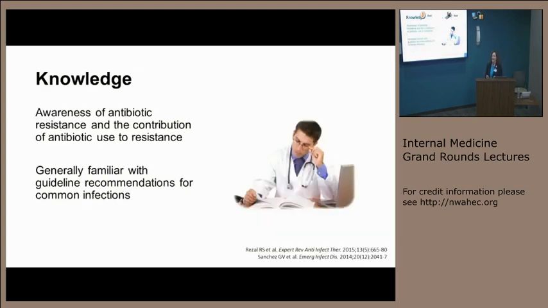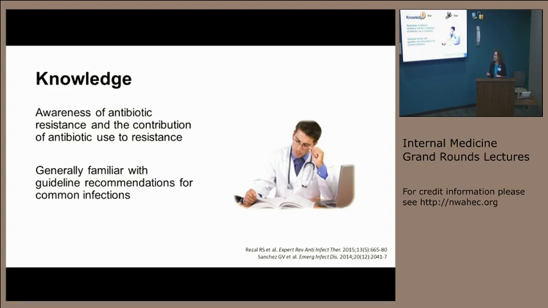Okay, so knowledge. I think knowledge is kind of the elephant in the room in terms of clinician factors. So it makes sense to us to think that if we could only make sure everyone knows the guidelines and everyone knows the right thing to do, then the problem of antibiotic overuse will go away. And so what do we know about knowledge?